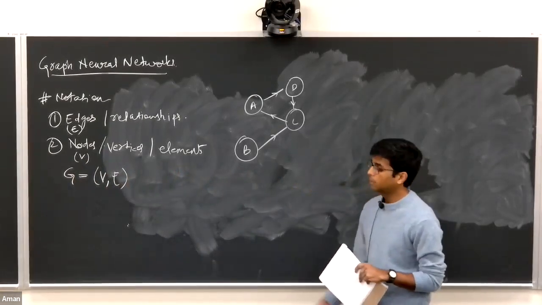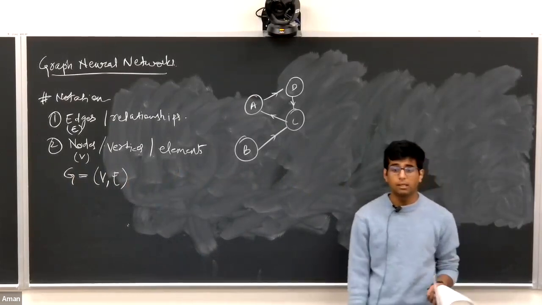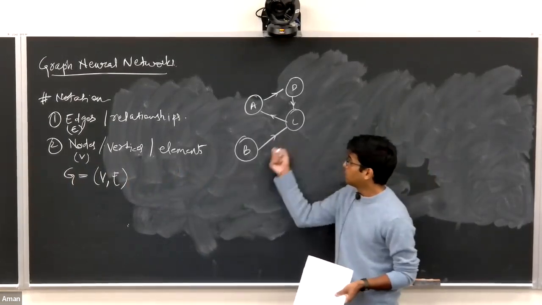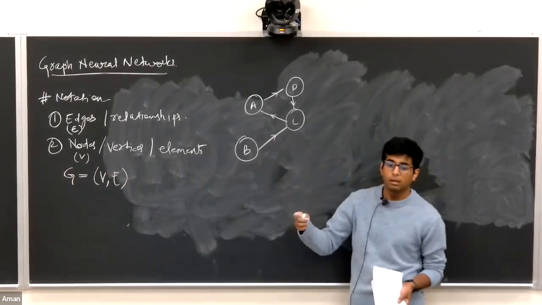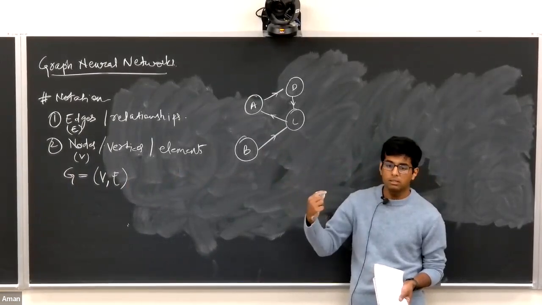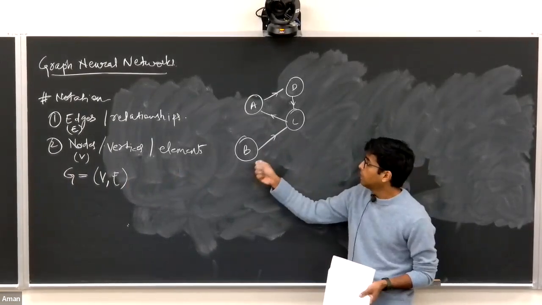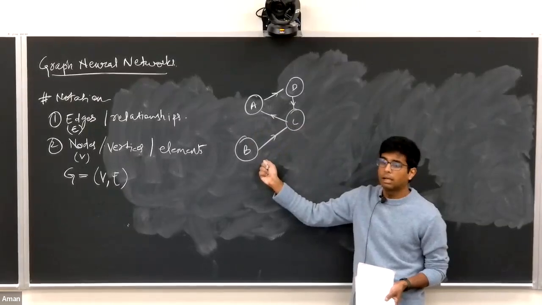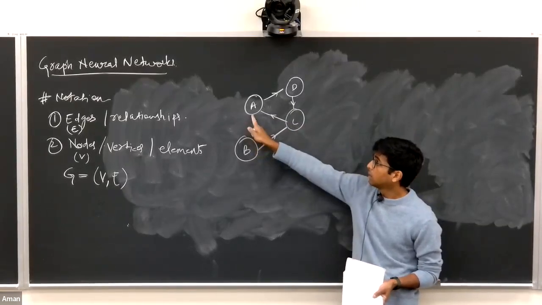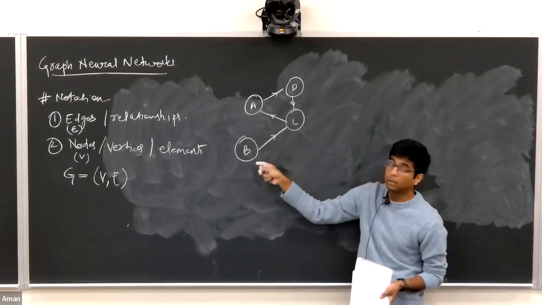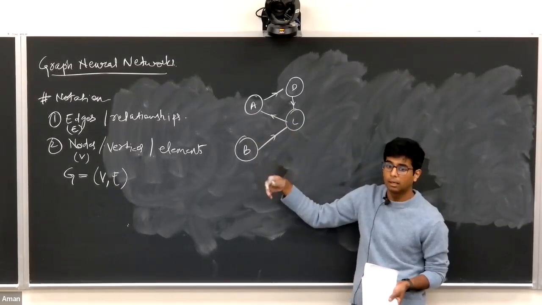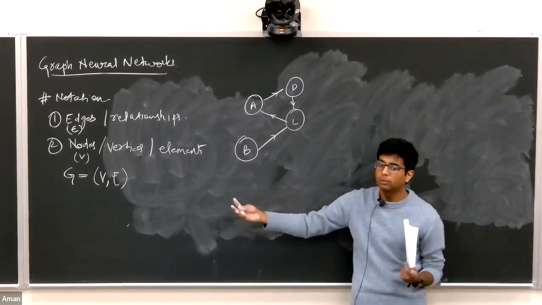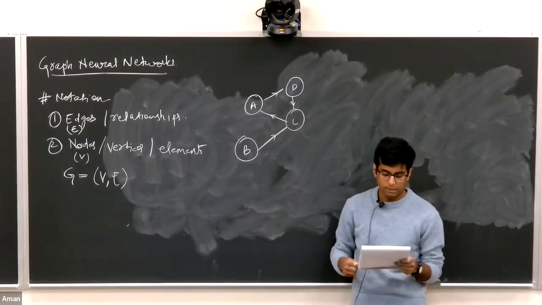A very natural example of data that is intrinsically in this form is social network data, where these edges can represent your connections. For example, in a network like LinkedIn, each of these nodes can be different people, and these relationships can be the connections that they have. So if you are A, B would be your second degree connection, right? Any kind of data that is naturally arranged in a graph can be used here to do some analysis on it.